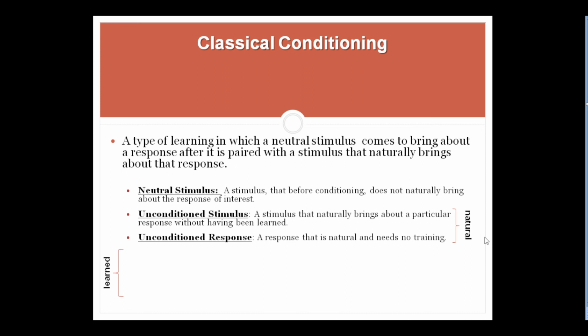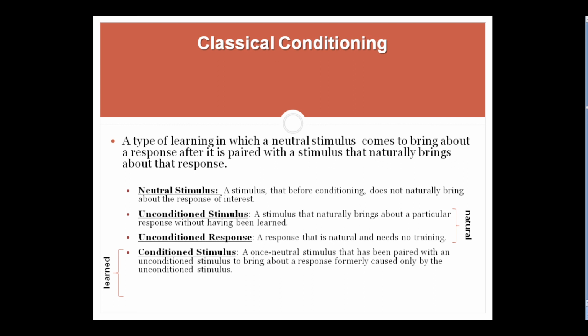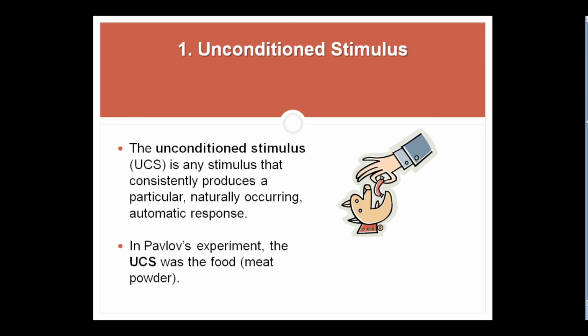And as soon as a previously neutral stimulus is paired with this, eventually the human or animal will learn this association, and the previously neutral stimulus will turn into a conditioned one. Once the neutral stimulus was previously paired with the unconditioned stimulus and unconditioned response, it will bring about the conditioned response, a response which happens after conditioning.